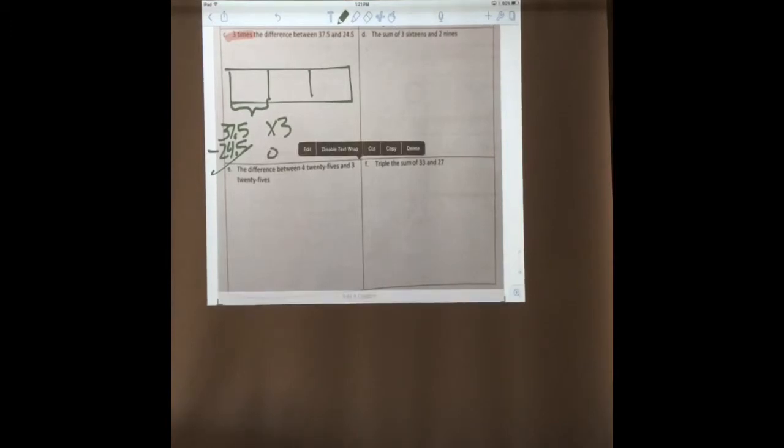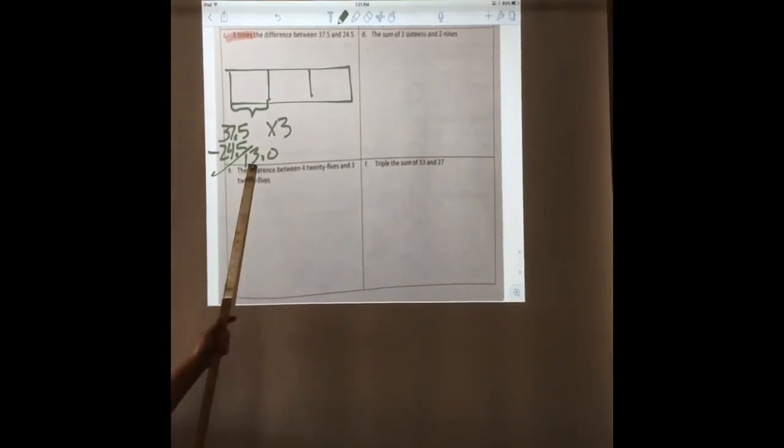I'm going to move it over a little bit, okay? There's my decimal point. 7 minus 4 is? 3. And 3 minus 2 is 1. So what are we going to multiply? 13. We're going to multiply 13 times 3, right?